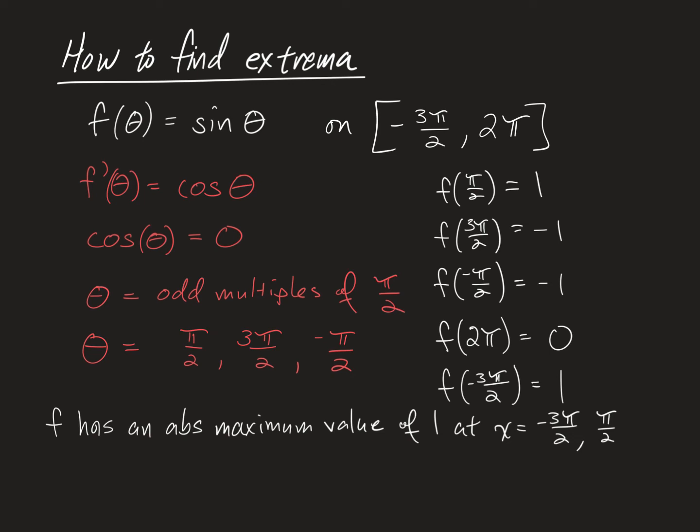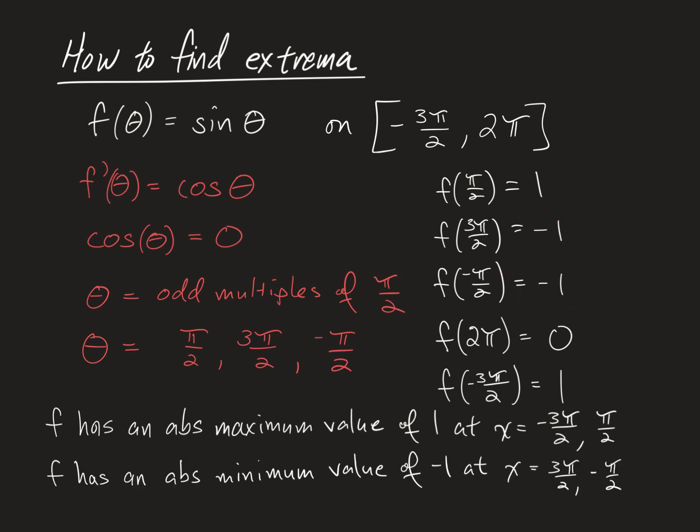But again, we can say something similar about the minimum values: that f has an absolute minimum value of negative 1 at both of these x values. So while we can only have a single value for a maximum and a single value for an absolute minimum, it can happen in multiple places, and if all of those places are within the interval, you should list those out.